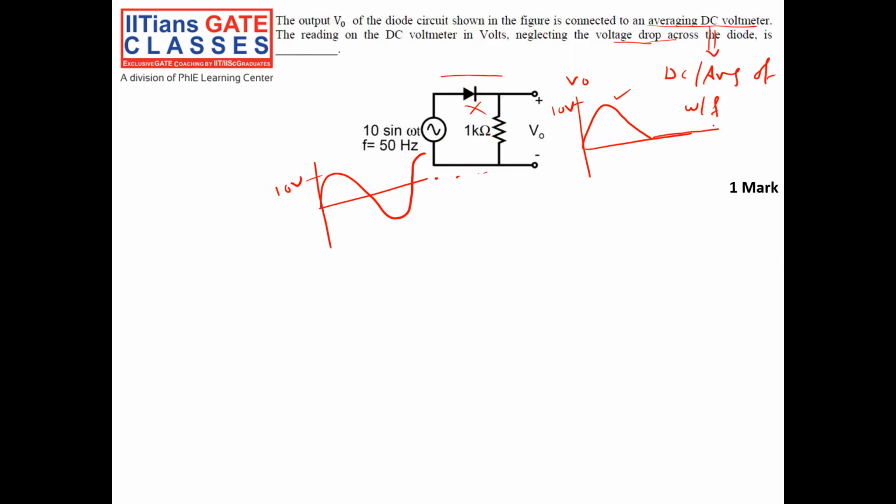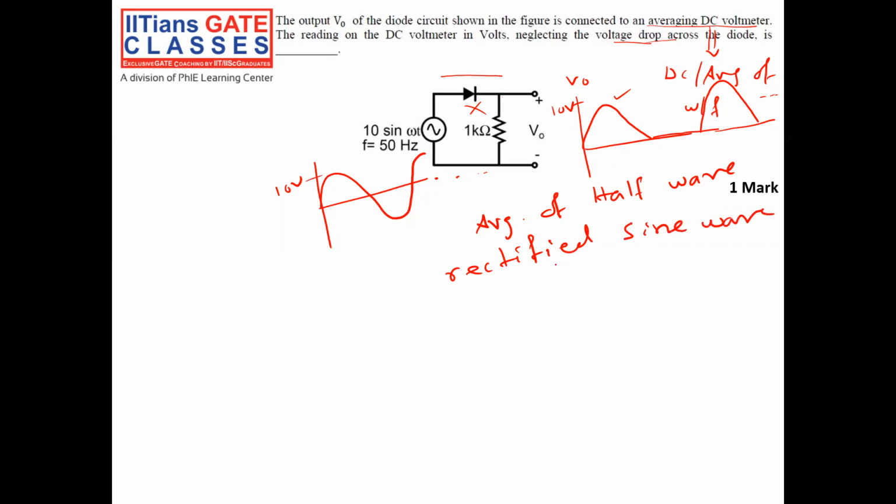Again during the positive half cycle, my diode will be forward biased, and again my output will be the input. So it will continue, and I get at the output a half wave rectified sine wave. We know the average voltage of a half wave rectified sine wave is the maximum amplitude Vm by pi.